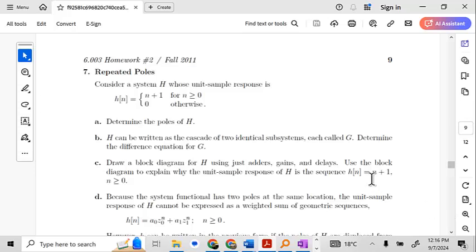Right. Now, here we have a system whose unit sample response is n plus 1. He says, determine the poles of H. Same approach. Here you have the impulse response, and to get the result, you take your impulse response and multiply the nth term by r to the n and sum.